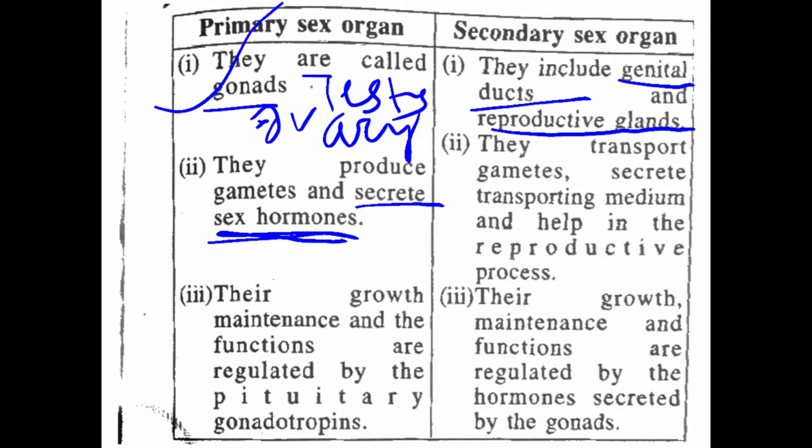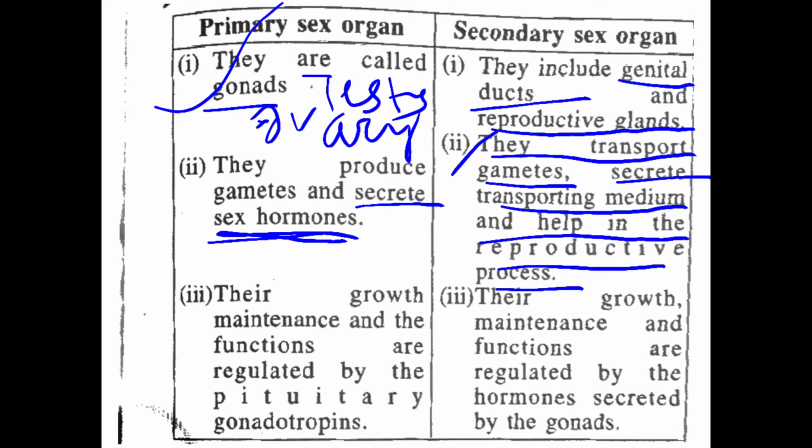Okay. Then the second point of secondary sex organ is that they transport gametes. Gametes are transported, and they secrete transporting medium and help in the reproductive process.